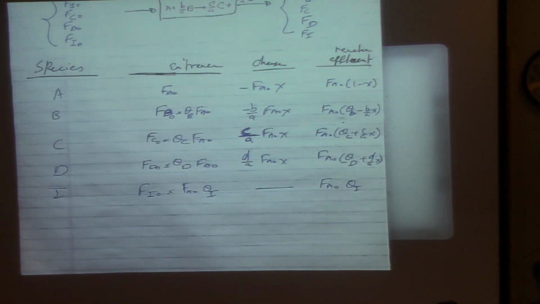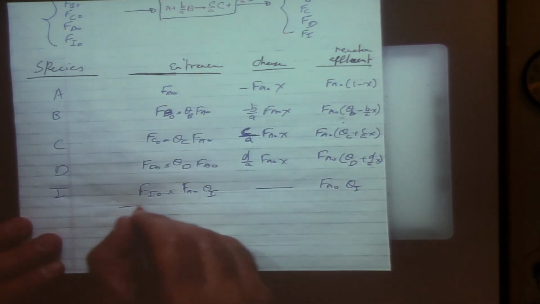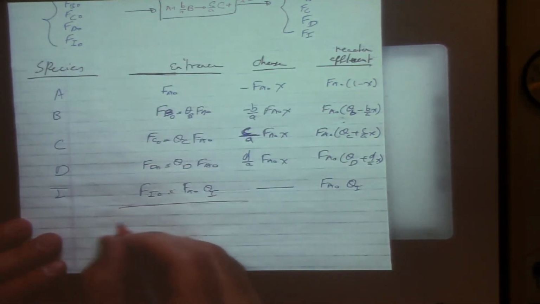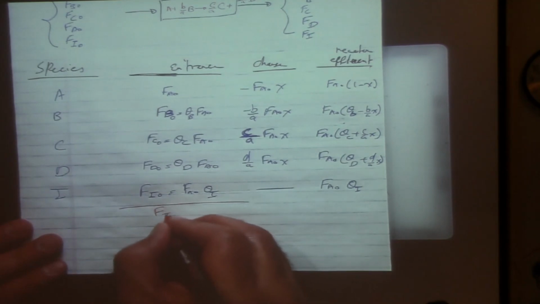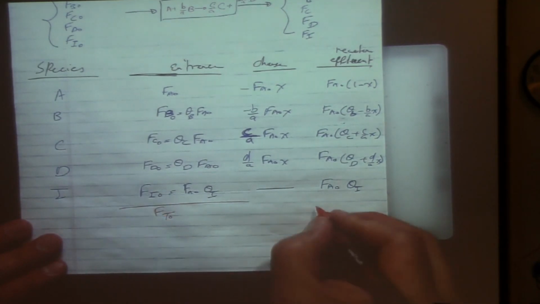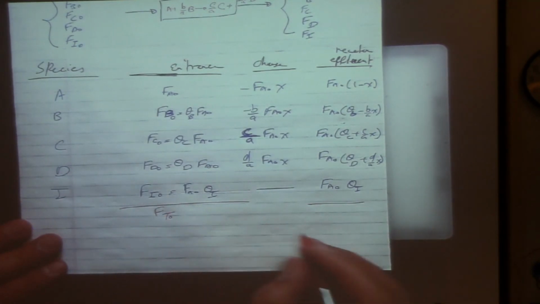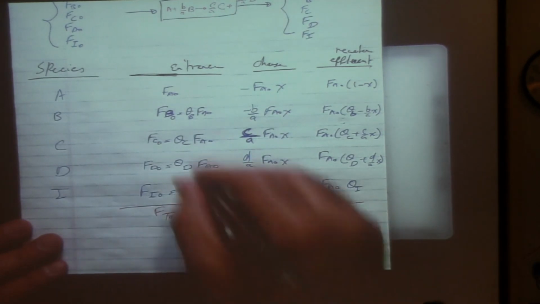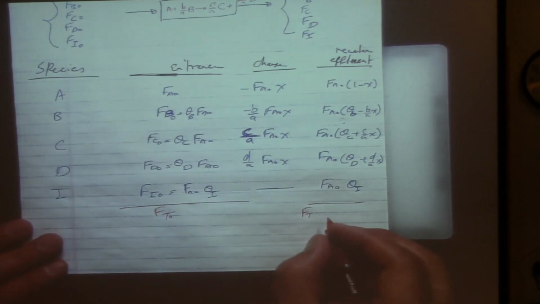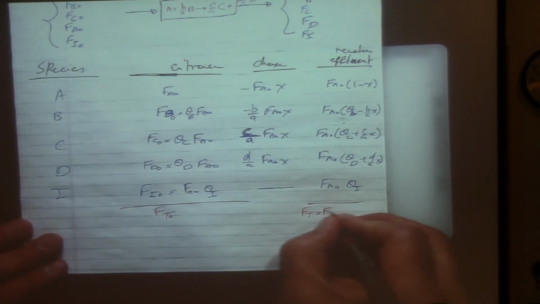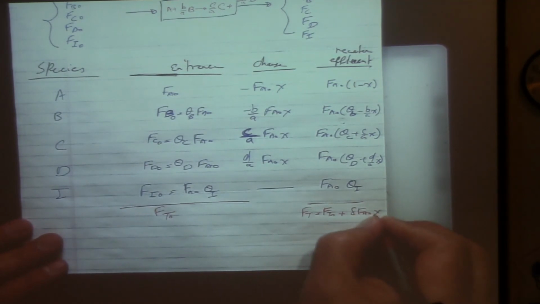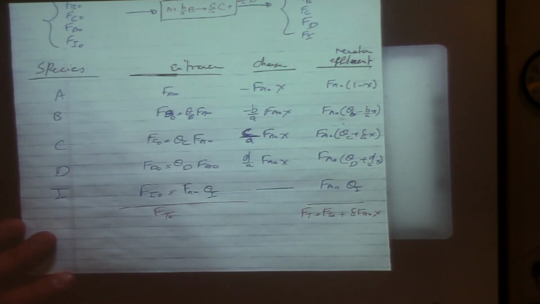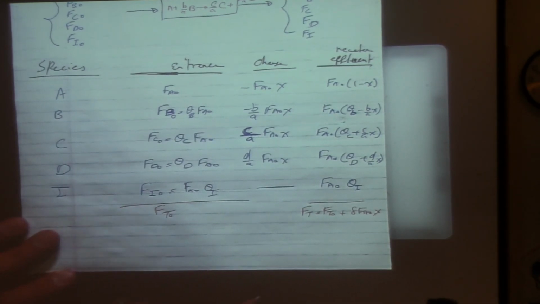So what would be the total? If you add them together, you are going to have the initial total moles, and the FT in your effluent would be FT naught plus delta FA0 X. And from previous lectures, I guess we defined delta, did we?